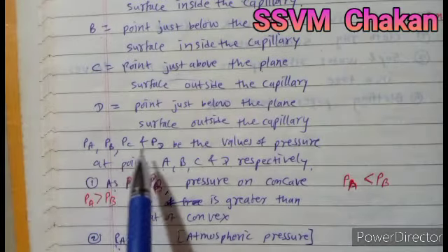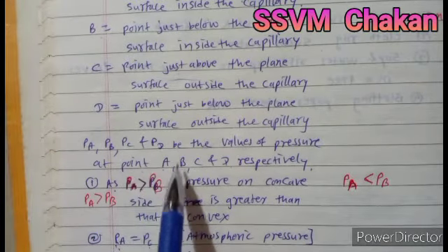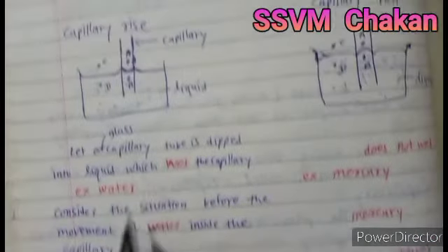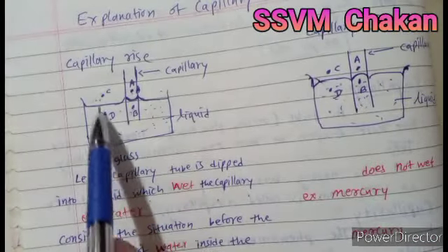PA, PB, PC and PD give the pressure at points A, B, C and D. We are considering these 4 points.